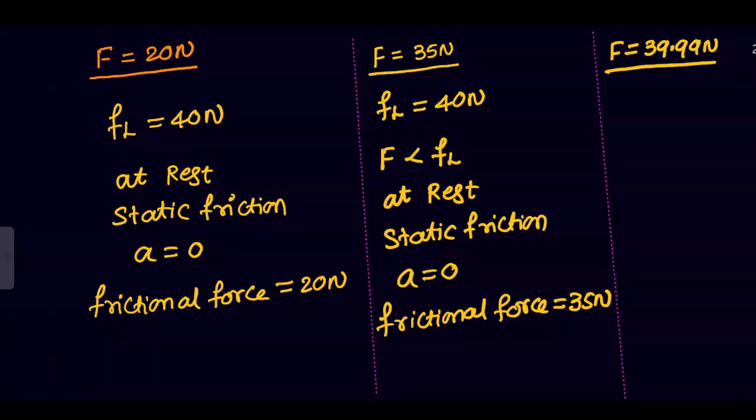Tell me how much the limiting friction is? Limiting friction 40. Will the body move or not? Here the applied force is less than the limiting friction. So the body is at rest only.